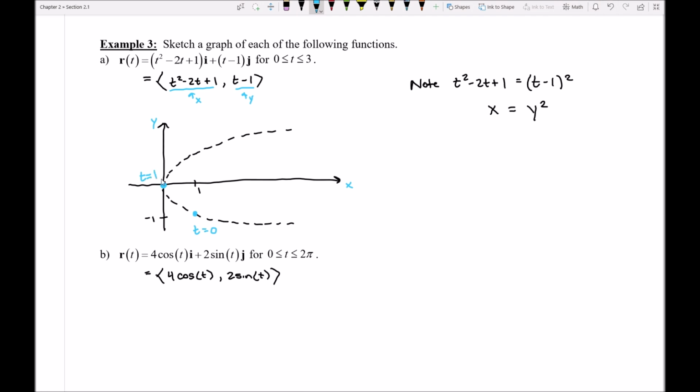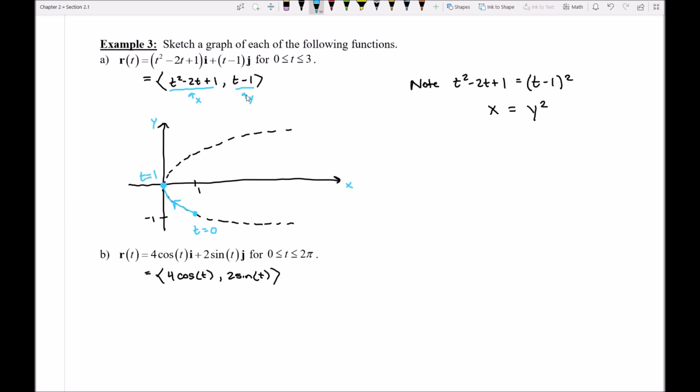Just adjust that. What's kind of cool is I can imagine the path of a particle on this particular curve. My particle, if it was moving along this path, would have to move in this direction. So I can include an arrow indicator on here to show the direction the curve is oriented.